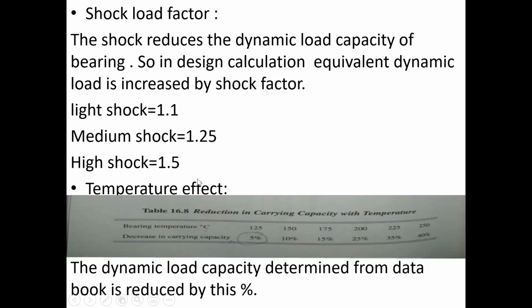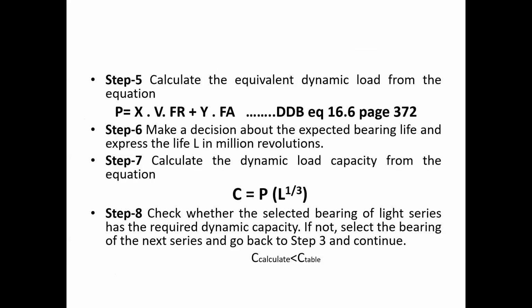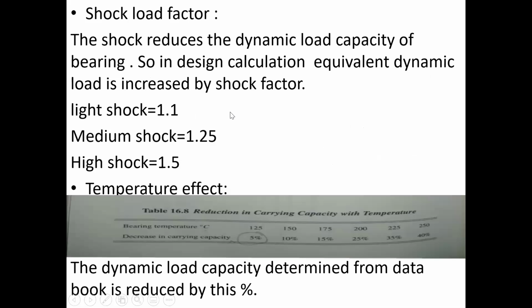And if the shock is very high, then we take the shock factor as 1.5. When the shock condition is there, we multiply the equivalent dynamic load P by this shock factor, if any shock factor is given.